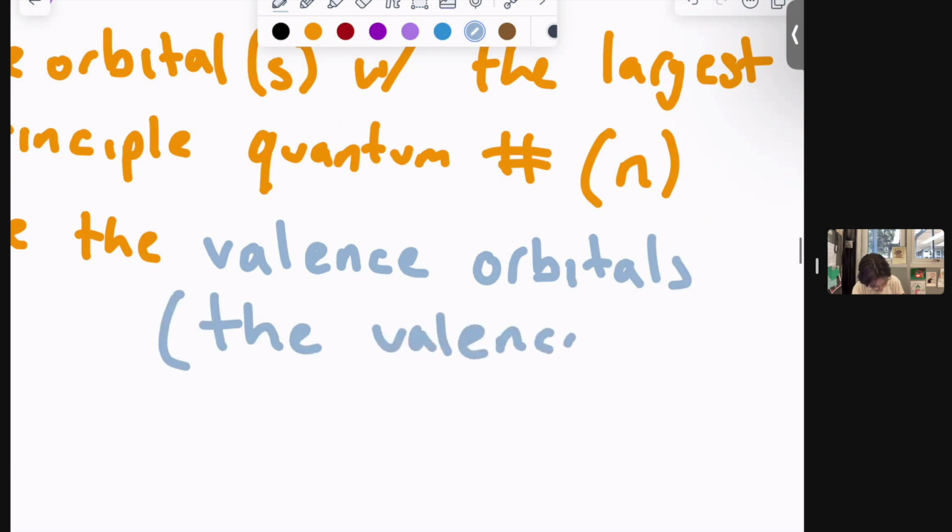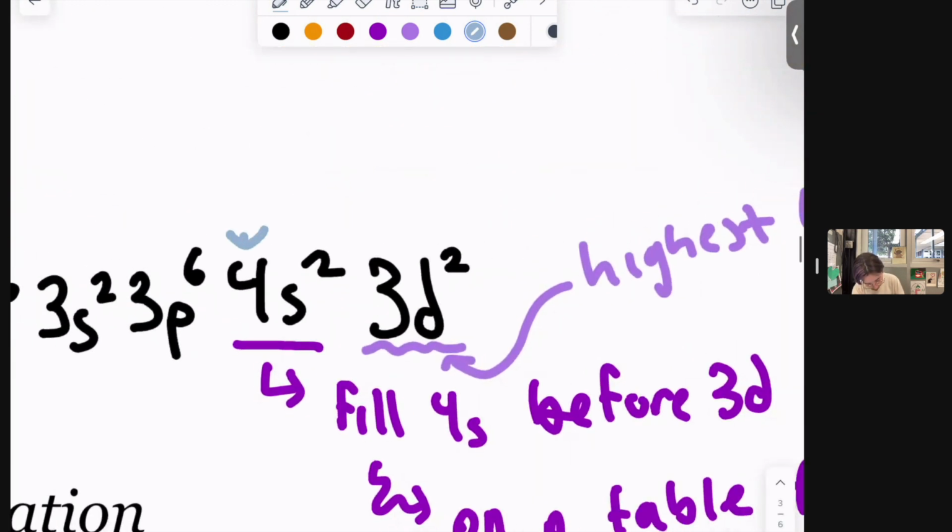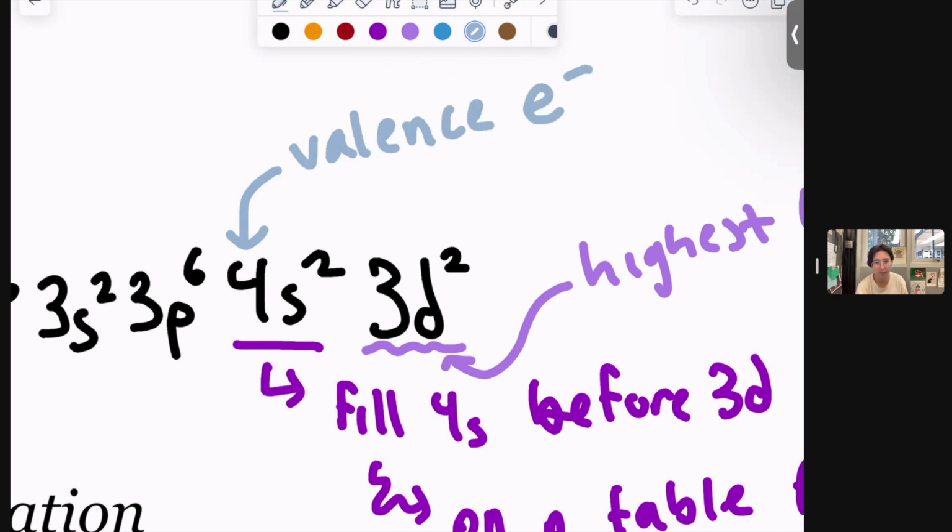So the electrons in those orbitals are the valence electrons. So for this one, because 4 is our biggest N, our biggest number, this 4s, that is our valence electrons. So there's 2 valence electrons.